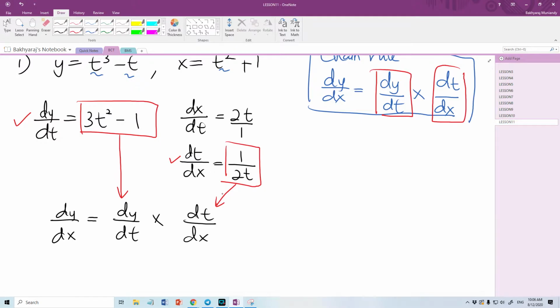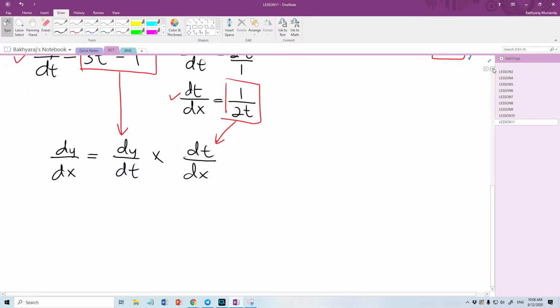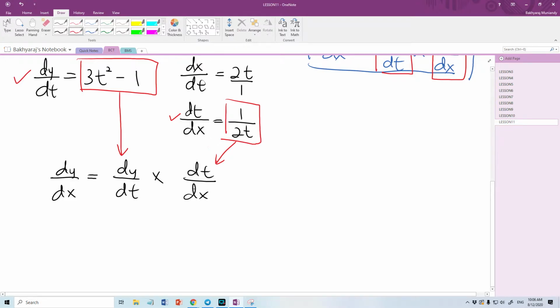Some of these are a recall of the first order parametric equation. So you get 3t square minus 1 times 1 over 2t. So I get dy dx.